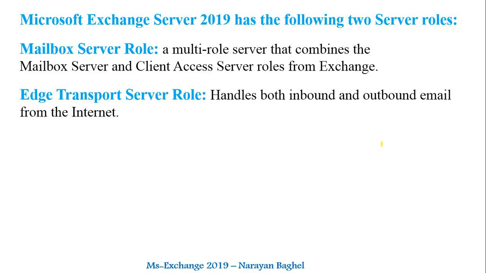These are the roles which were separately available in earlier flavors of Exchange server. In the latest versions of Microsoft Exchange server, like 16 or 19, they have merged a couple of roles together. Now the mailbox server role became the parent, and it is a multi-role server that combines the mailbox server, the client access server from Exchange, and the edge transport server role.